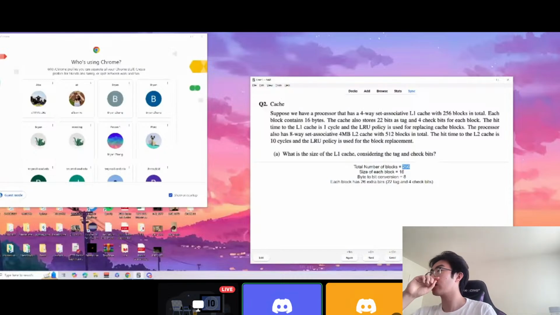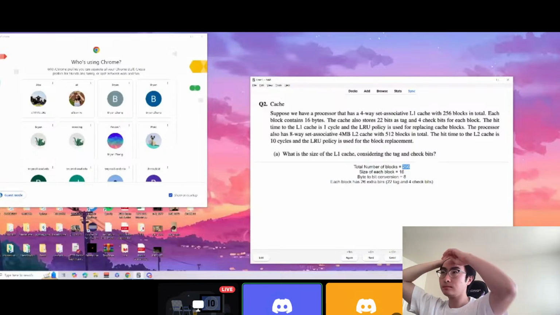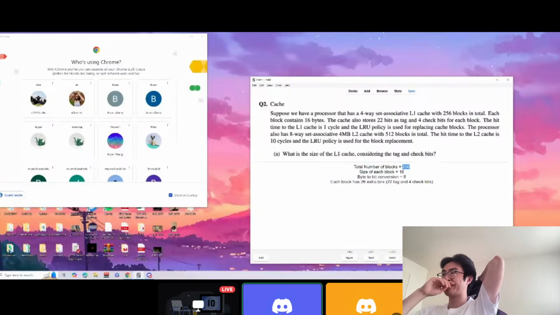Yeah, so I think we're missing some information here because we don't know how many bits are within the index. It would be nice if we had the block size, then we could figure out the offset bits, and then maybe the set associativity of this cache. So I think I'm going to skip this for now.